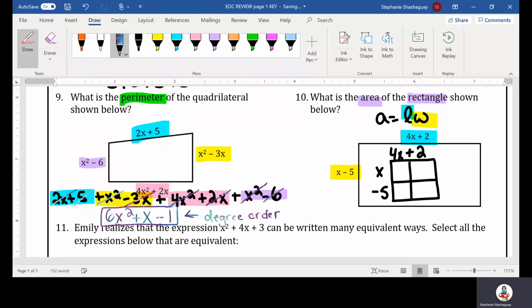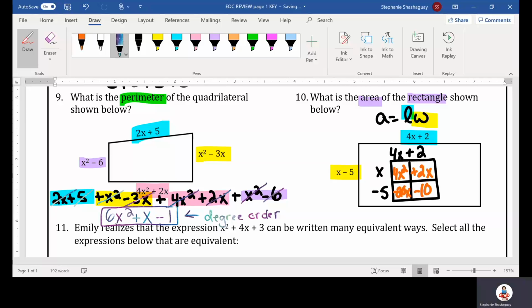4x times x is 4x squared. I realize that's somewhat hard for you to see. So 4x squared. x times 2 is a positive 2x. 4x times negative 5 is a negative 20x. And negative 5 times 2 is negative 10.